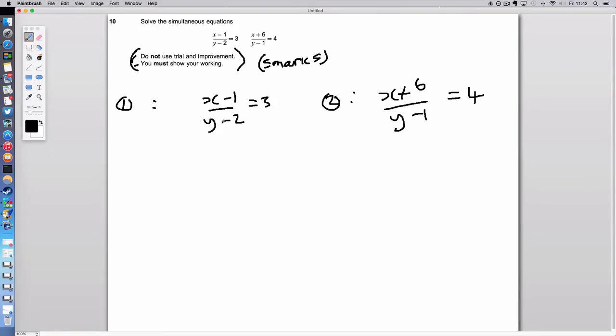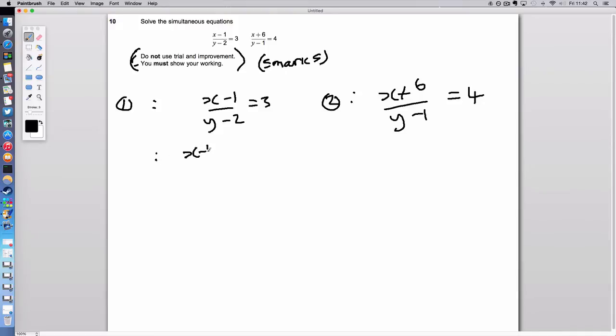So what we want to do first is make sure everything is on the same level. So I will multiply by y minus 2, which means I'd be multiplying this 3 by y minus 2 as well.